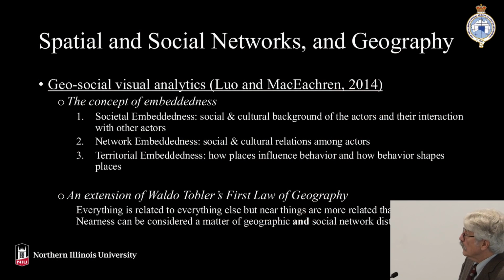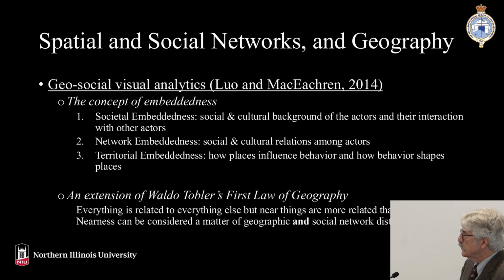Okay, so getting into more geography now, these are geographers here, Lowe and McCaughrean. Back in 2014, they looked at geosocial, the title of the article is Geosocial Visual Analytics. All right, so they put forth several ideas that relate to geography, relating networks to geography. And some of this is kind of overlapping in a way, kind of difficult to explain.